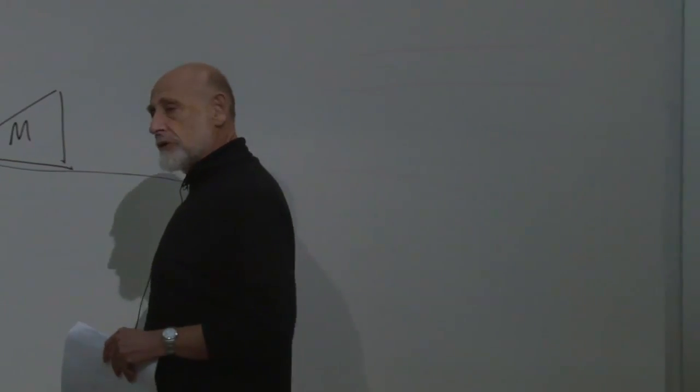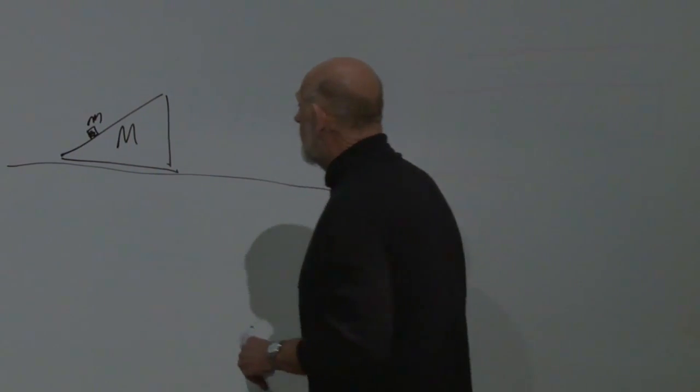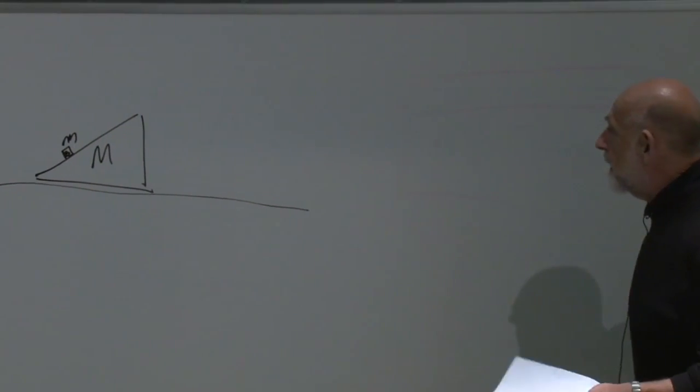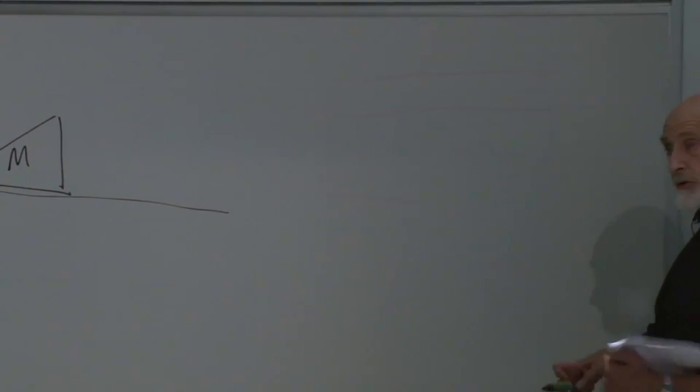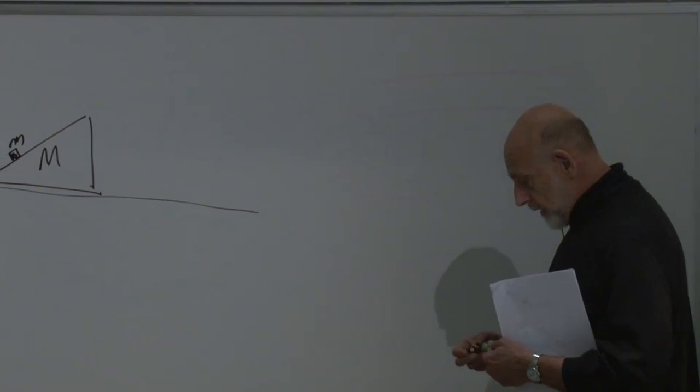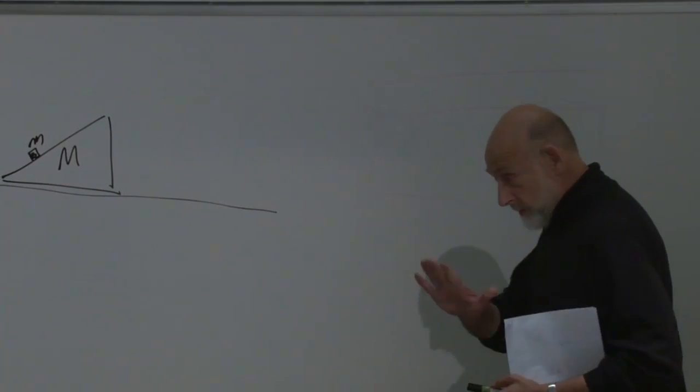Coordinates don't mean the motion, coordinates mean an instantaneous configuration. So we want an instantaneous configuration of this system to be labeled by how many coordinates does it take to describe it? First question.